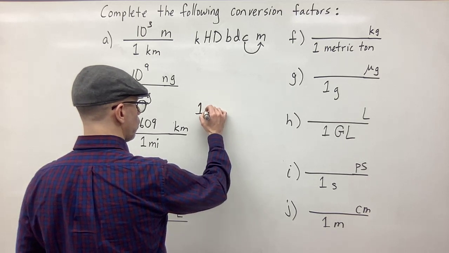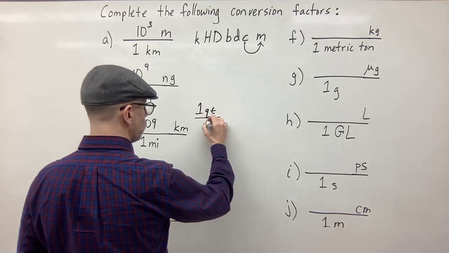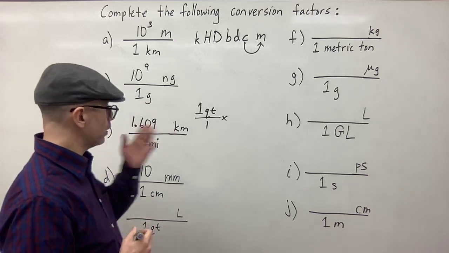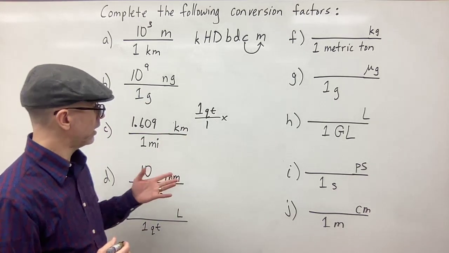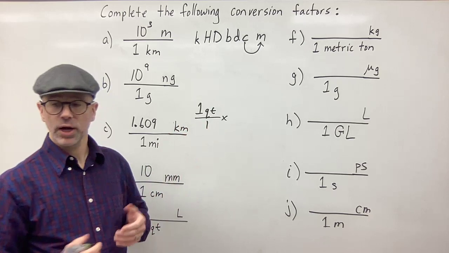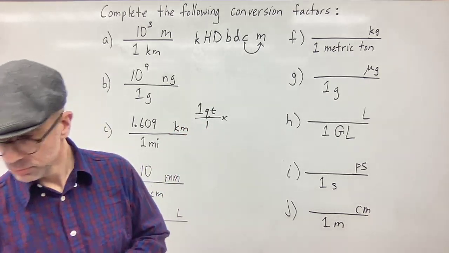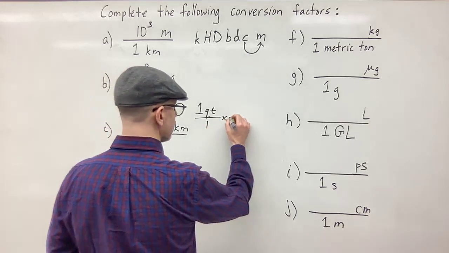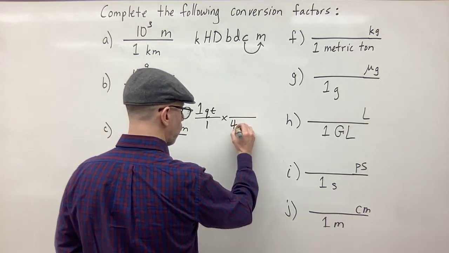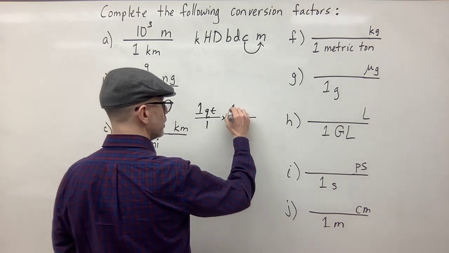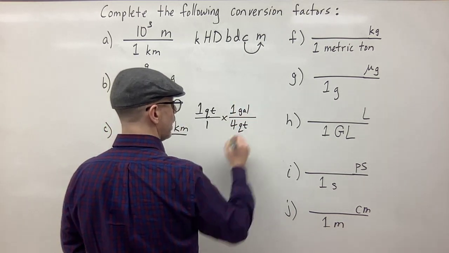You're going to start with 1 quart over 1. And the first thing you can use is, well, we know that 4 quarts are in a gallon. Okay. So we can put 4 quarts on the bottom, 1 gallon on top.